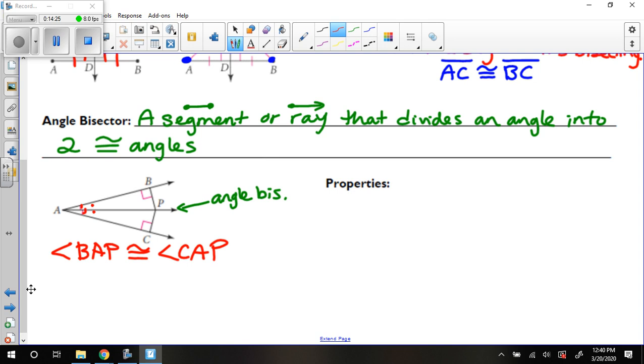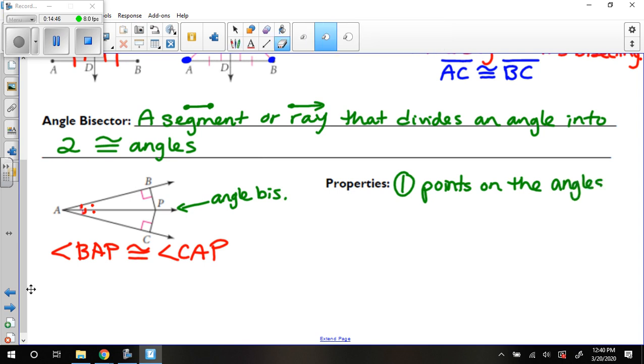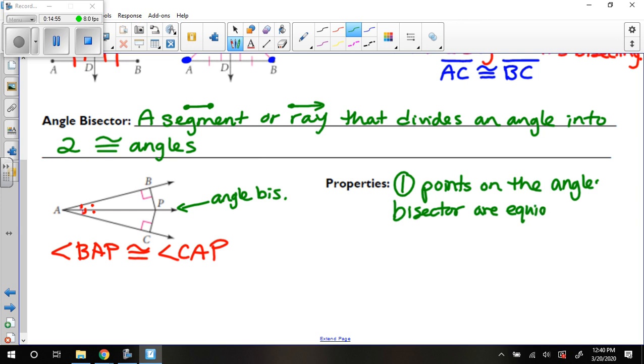Okay, one of the properties of an angle bisector, besides cutting the angle in half, is that points on the angle bisector are equidistant to the sides of the angle it's bisecting.